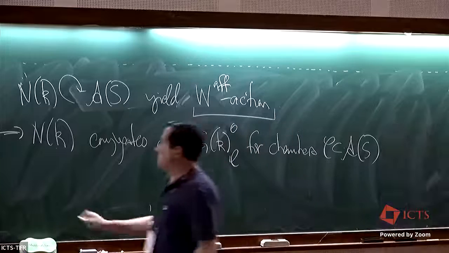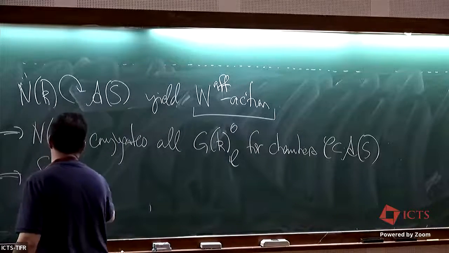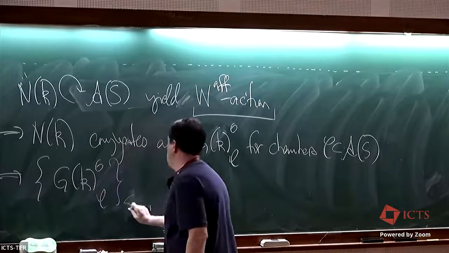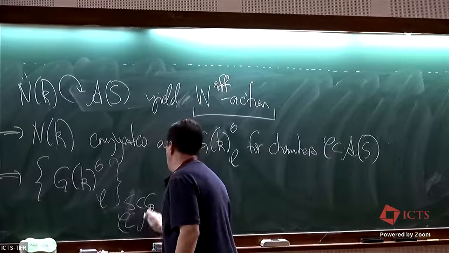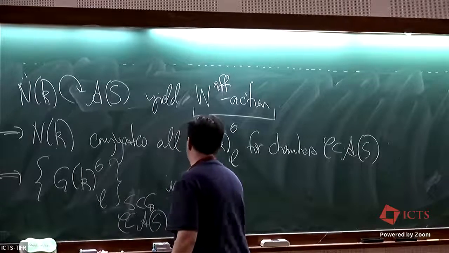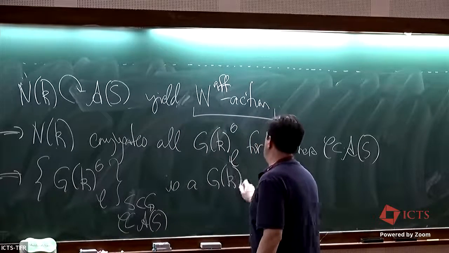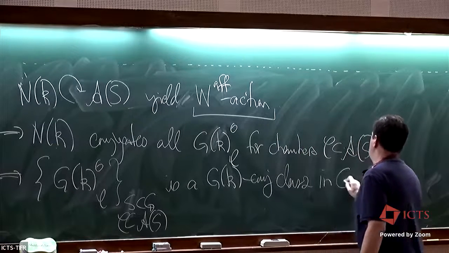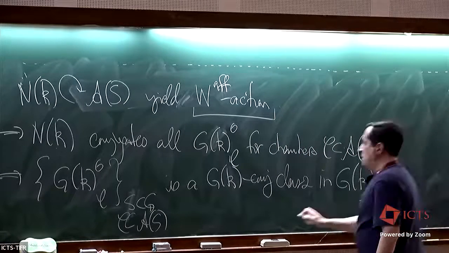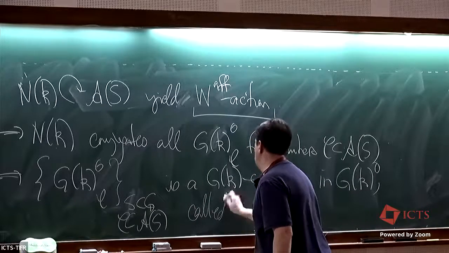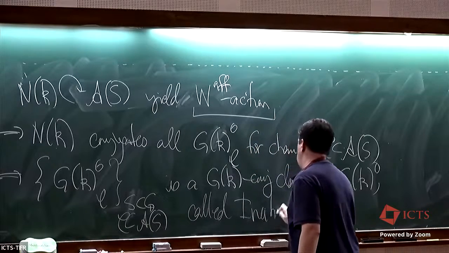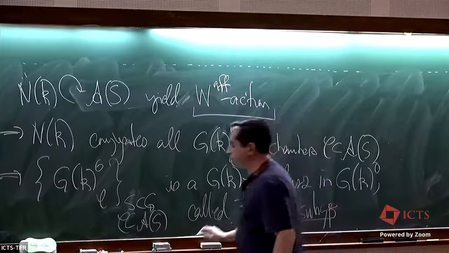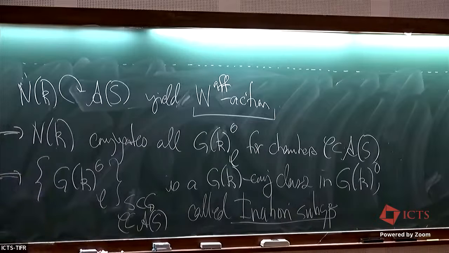And so the upshot of this is that the collection of these subgroups over all choices of S and all chambers in the corresponding apartment is a single G(K) conjugacy class inside G(K0), and these are called Iwahori subgroups. Okay, so we have this nice conjugacy class.